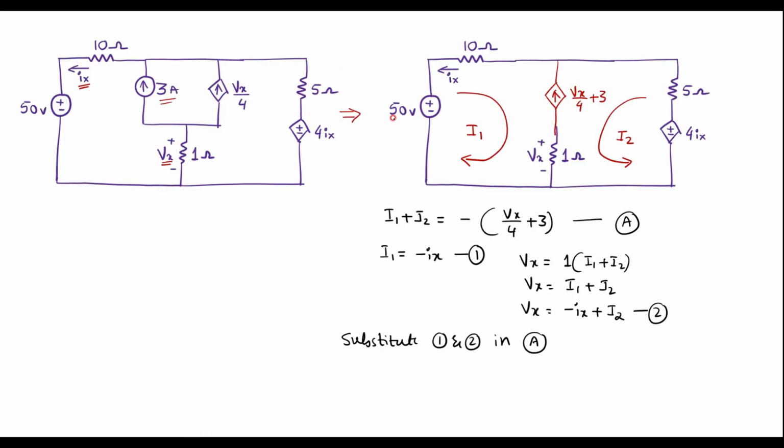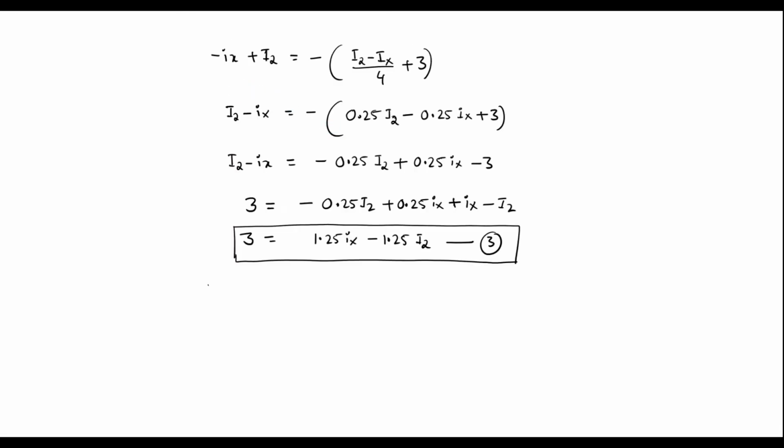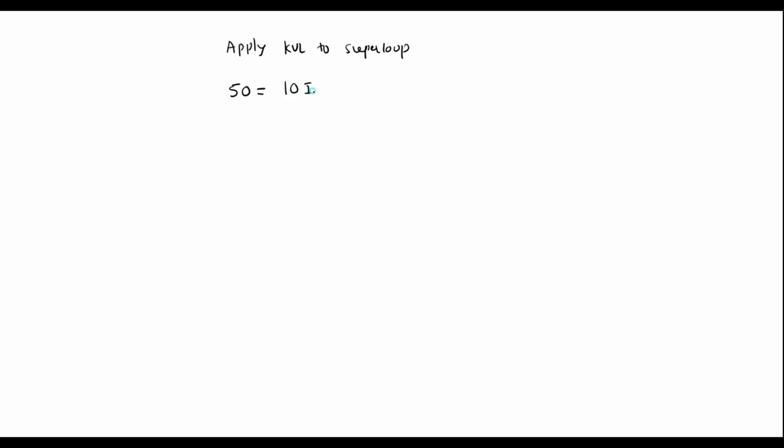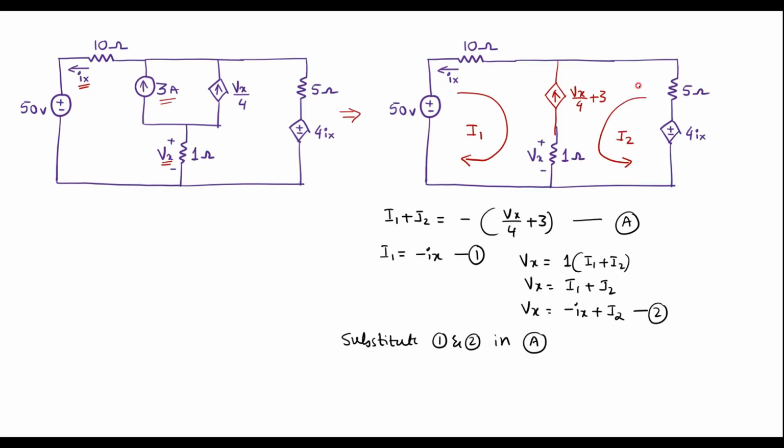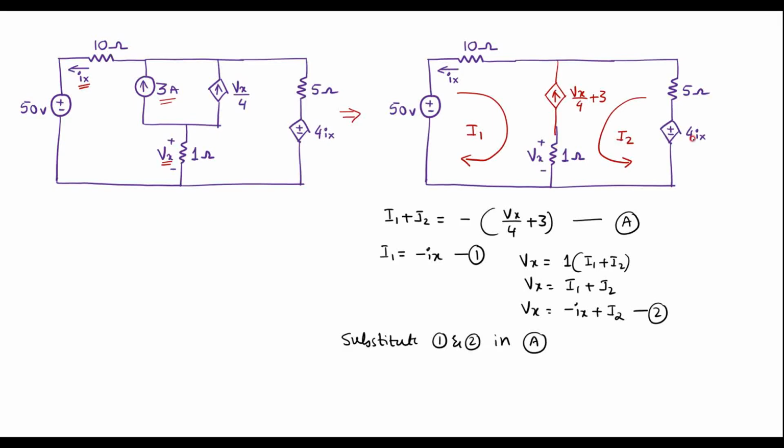Therefore, I can write 50 is equal to 10 I1. Here we are moving in this way, but current I2 is opposite to that. It will be minus 5 I2. Then we have plus 4 Ix.